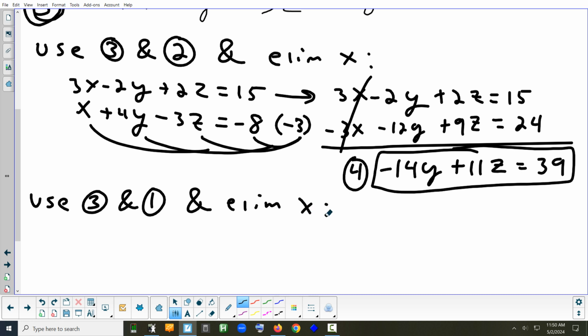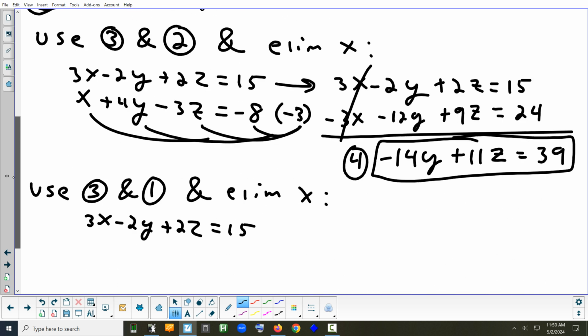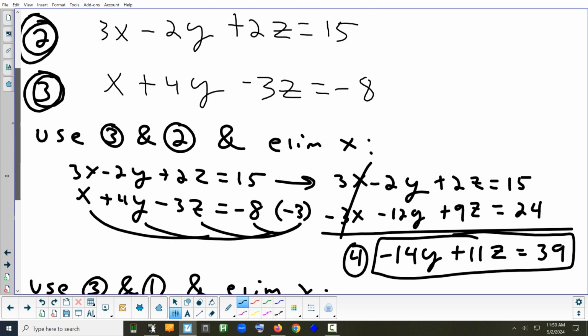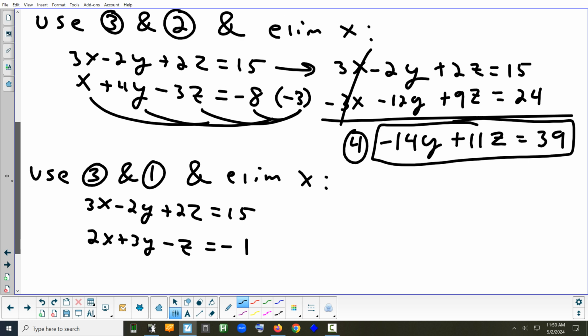All right, so equation 3, we already got that one. And equation 1: 2x plus 3y minus z. Wait a minute, did I copy something wrong? Equation 3 is x plus 4y minus 3z.